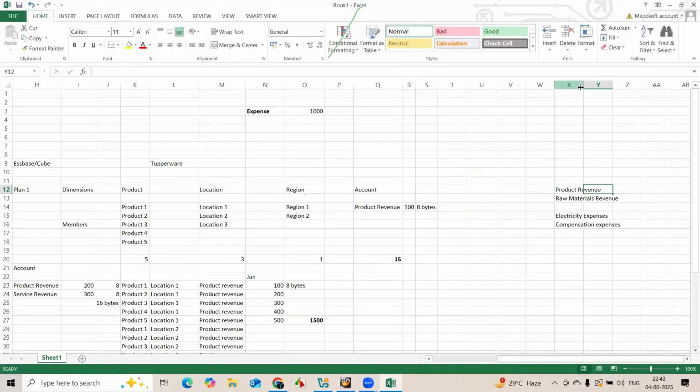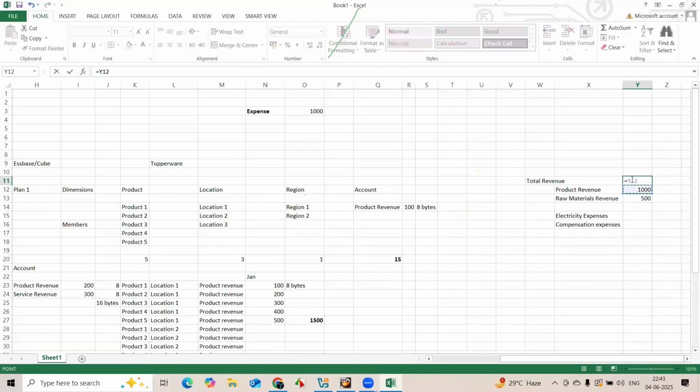For example, for the month of January, or not only January, for any month. For a month, they have done around $1,000 of product revenue, and by selling raw materials the revenue they got is 500. Let us take this scenario. How much total revenue have they incurred? The total revenue is 1,000 plus 500, which is 1,500.